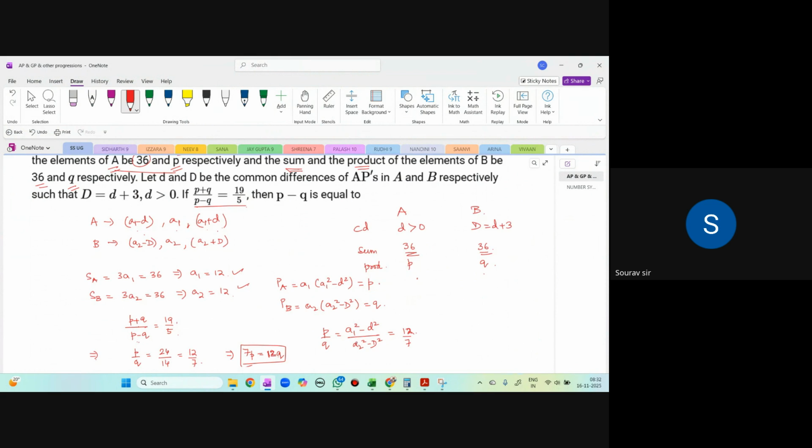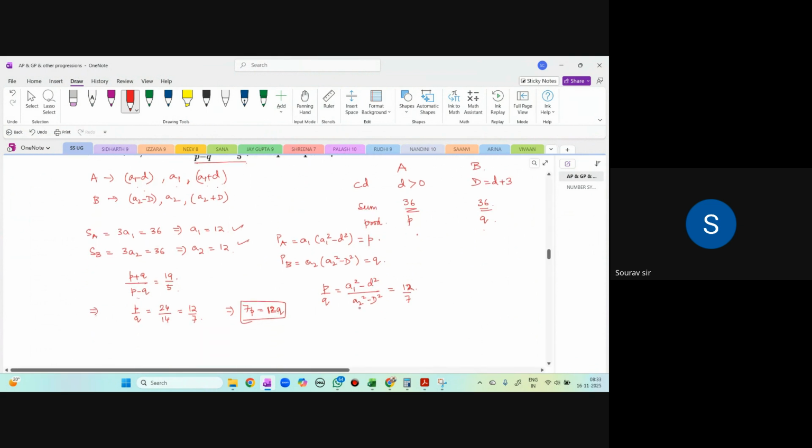And you know the value of A1, A2, both are 12. So that means 144 minus D square by 144 minus, now capital D is D plus 3, so D plus 3 square is 12 by 7. So this will give you a quadratic in D, and you have to solve for that.